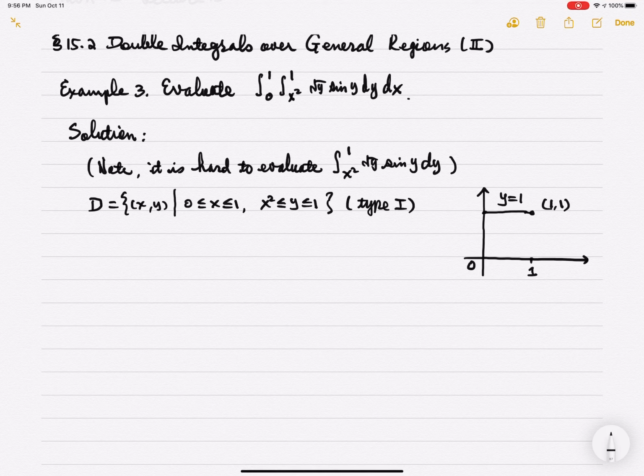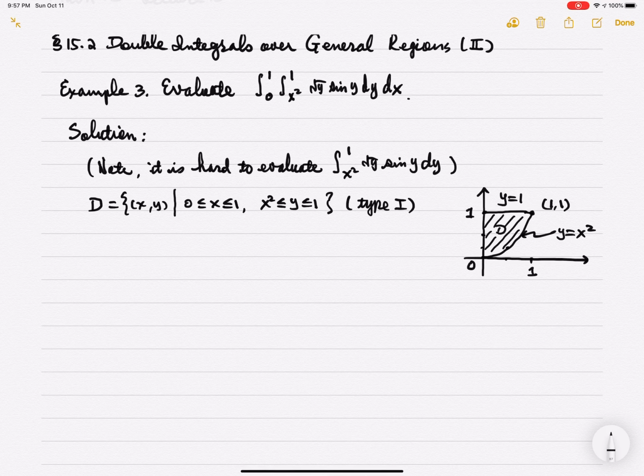When x equals one half, y equals 1/4, that's about here. So we draw this parabola like this. This is D, and this curve is y equal to x squared, and this is 1.